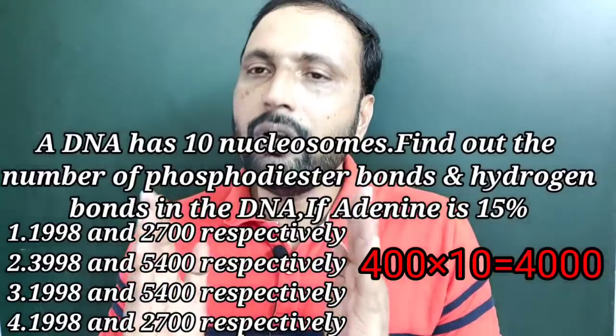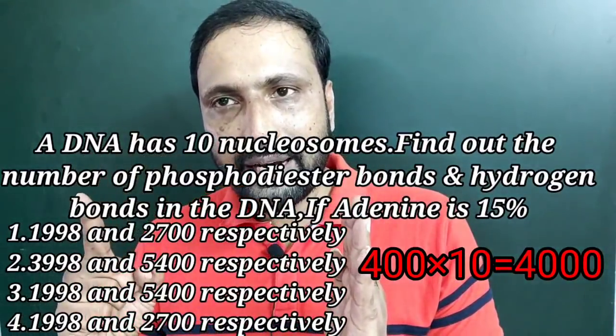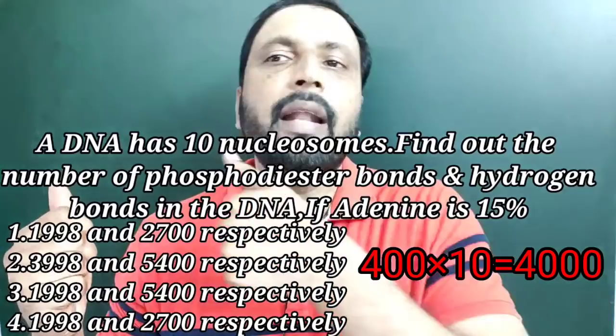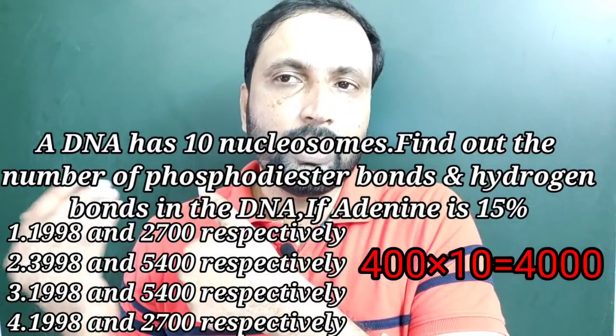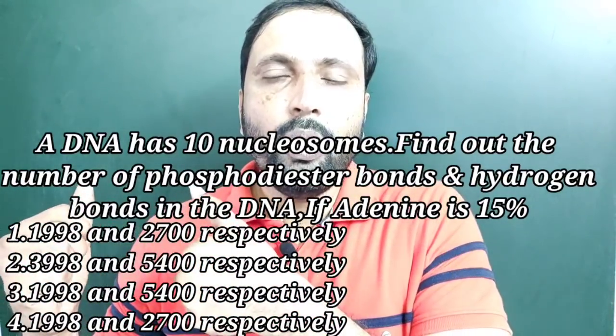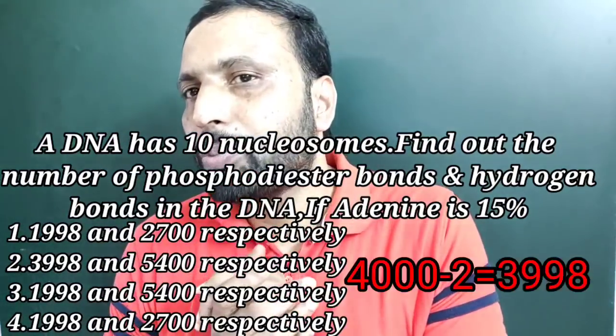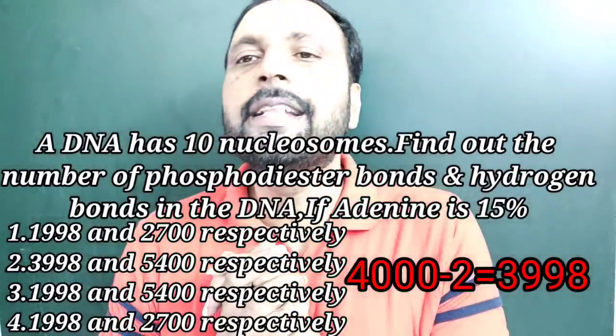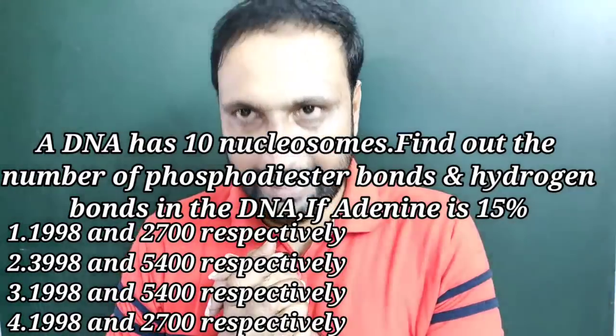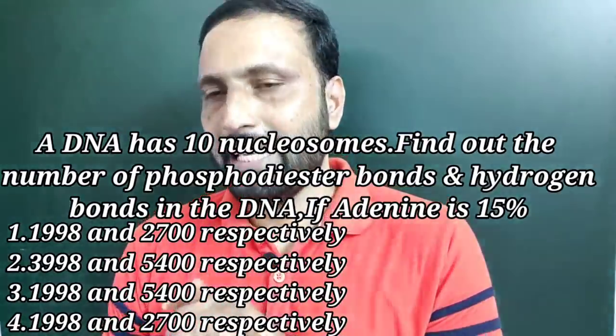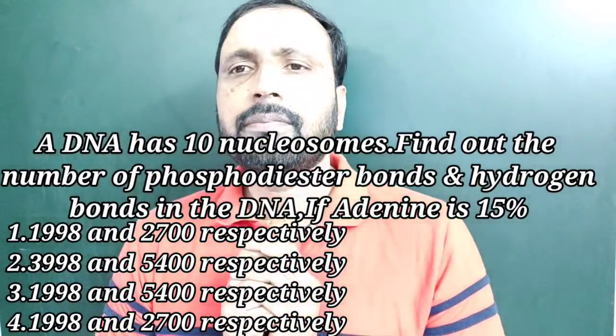When 4000 nucleotides are there, 2000 in one strand and 2000 in another strand, total 4000. So 4000 minus 2, how many phosphodiester bonds are present? 3998. Clear? Yes. Next point.